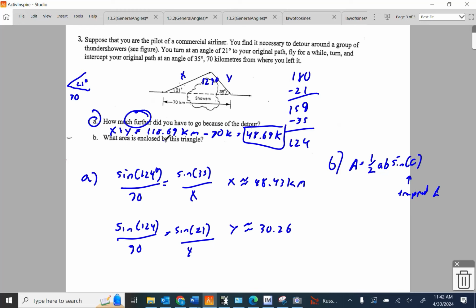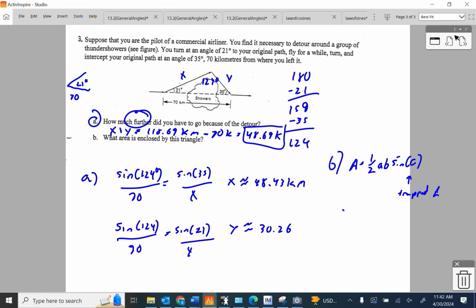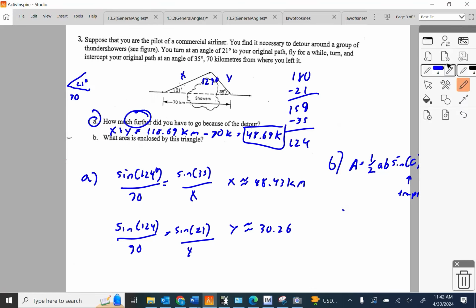Where did I get 118? Why did I get 118 there? I wonder what I was thinking. 78.69. Funny how my brain works like that.